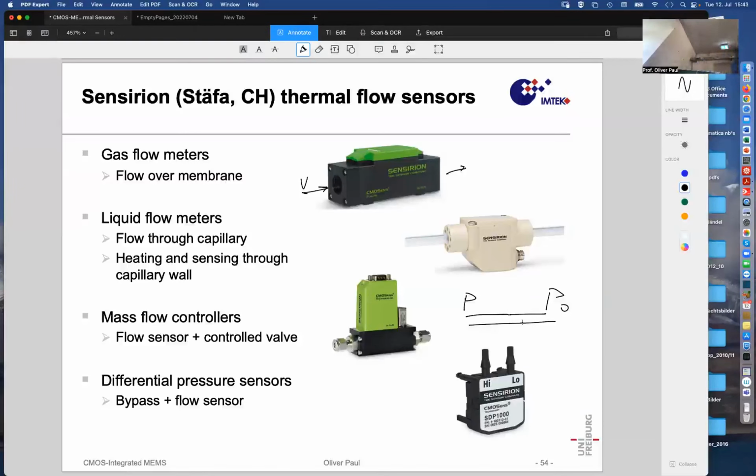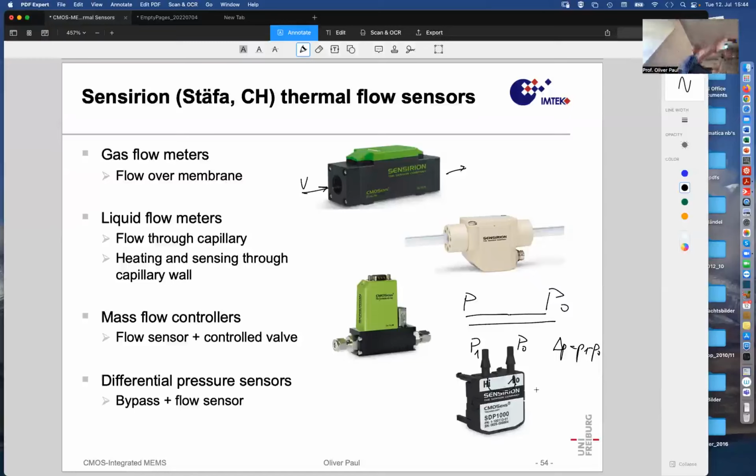That flow can be measured, and so this is the principle of all differential pressure sensors. There's this P1 and this P0, the low pressure, and one would like to know the delta P equals P1 minus P0. It is measured by the flow that is caused by the pressure difference.